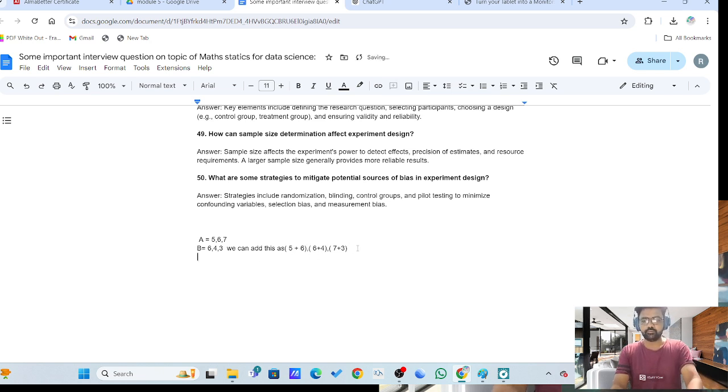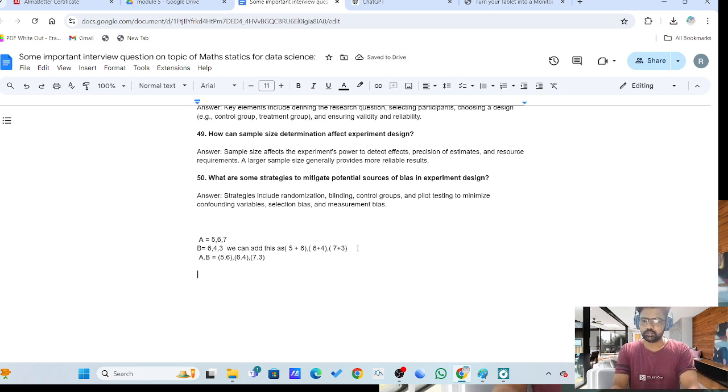What if you want to do the dot product? The dot product of a and b is 5 into 6 is one unit, 6 into 4 is another unit, 7 into 3 is another unit. This is the dot product. What is the cross product?